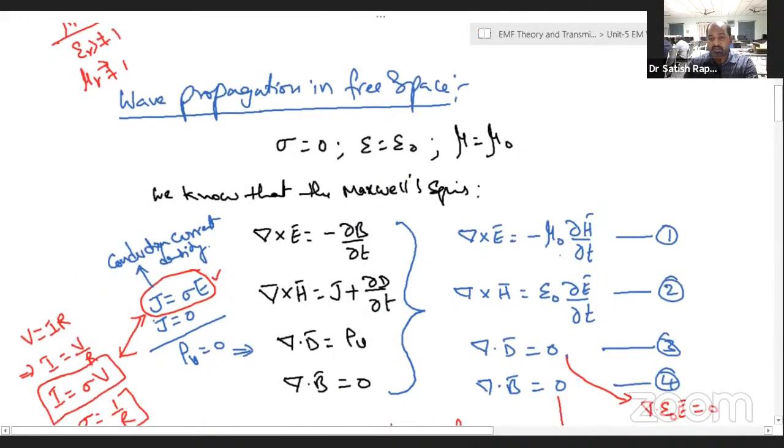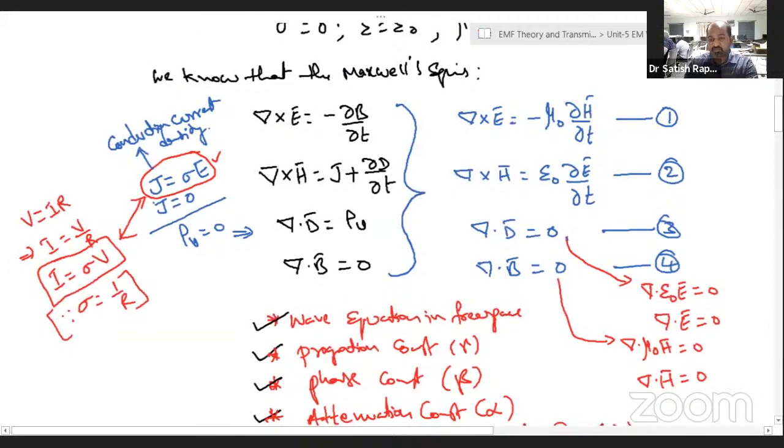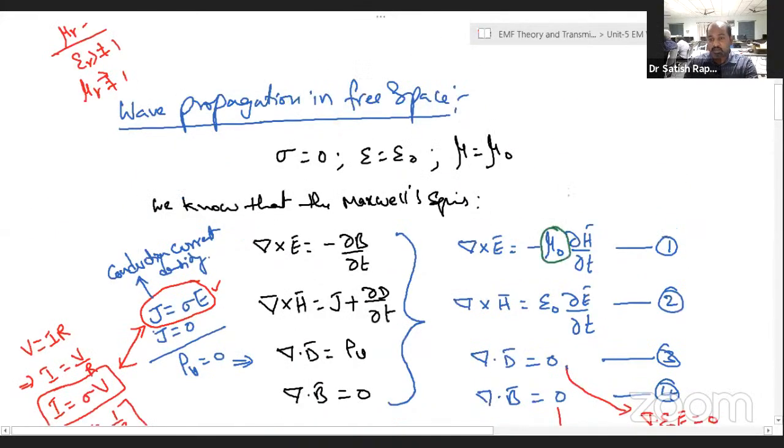The only thing is, wherever mu naught is there in the entire derivation, you remove naught and place mu, and similarly wherever epsilon naught is there, you place epsilon, and the rest of the things are the same.